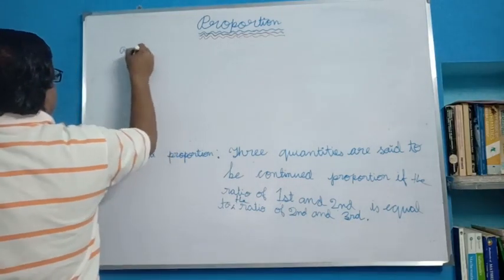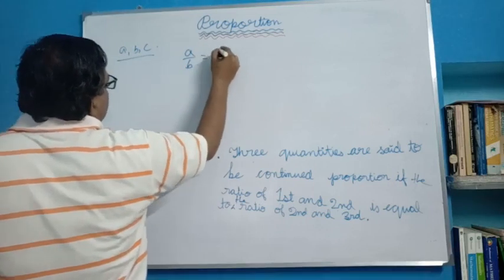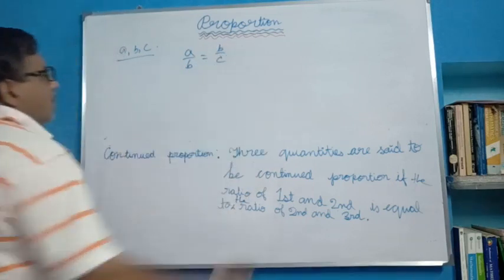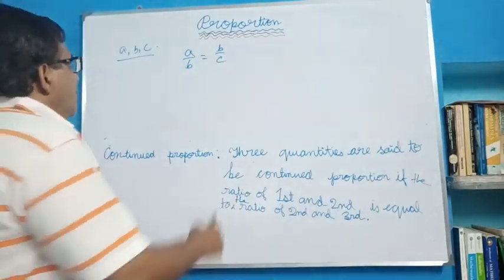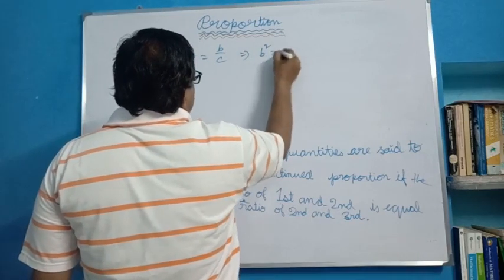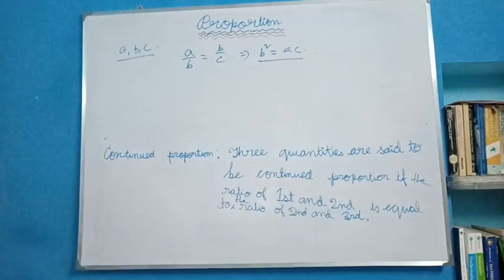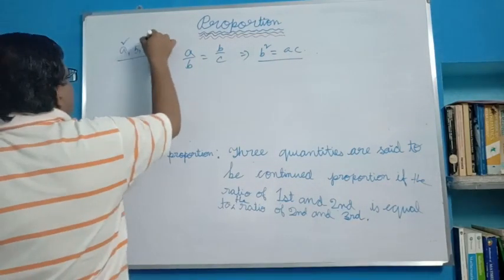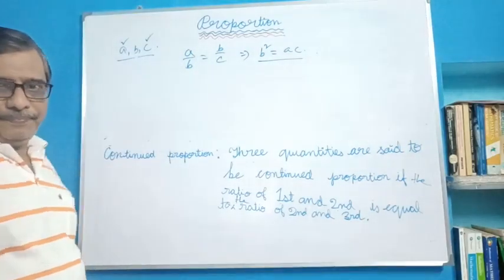Let us take three numbers A, B, C. That means the ratio of first and second is equal to the ratio of second and third. That means A by B is equal to B by C. From this we conclude B into B, that is B square, is equal to A into C. That means the product of the extremes, this is known as extreme, and the middle one is known as the mean.